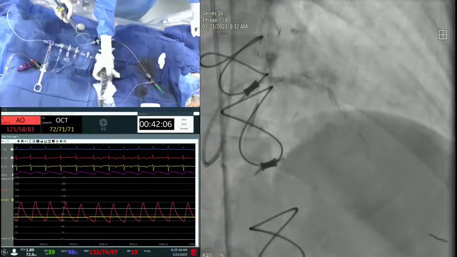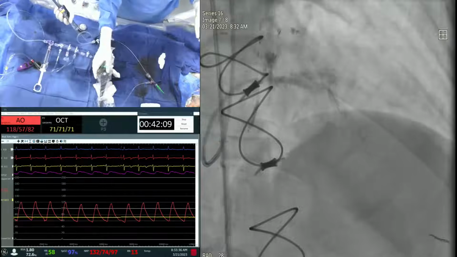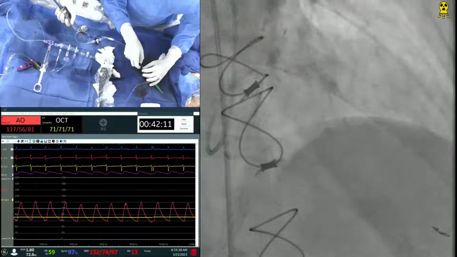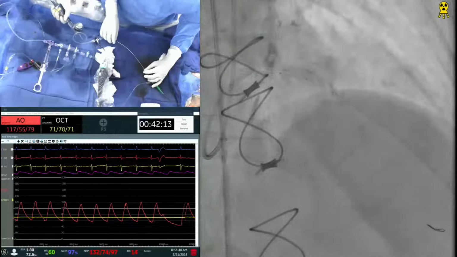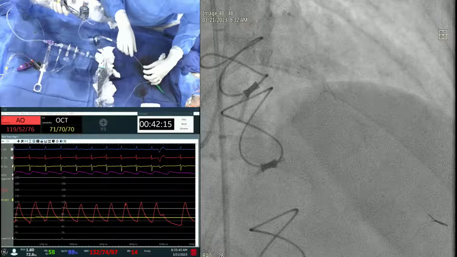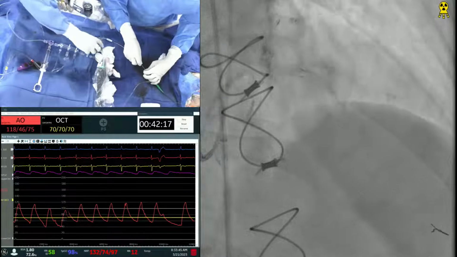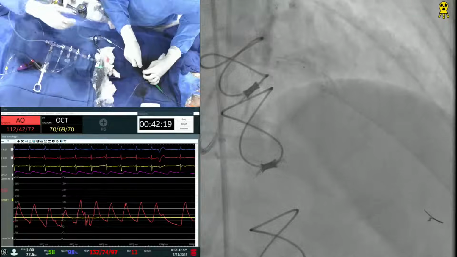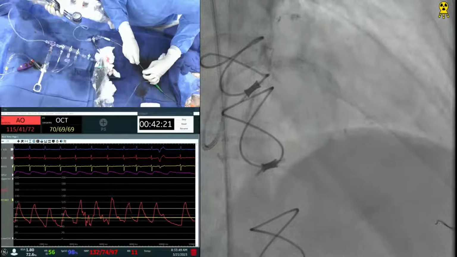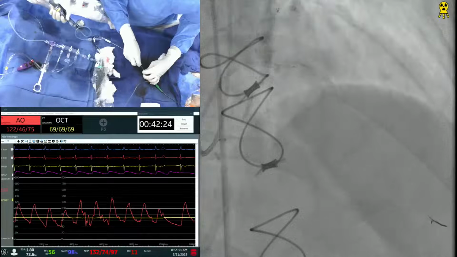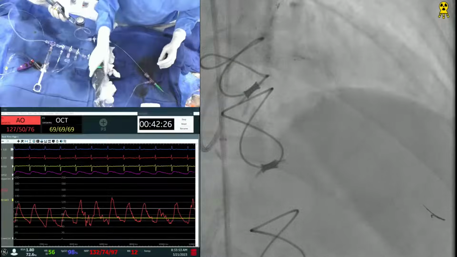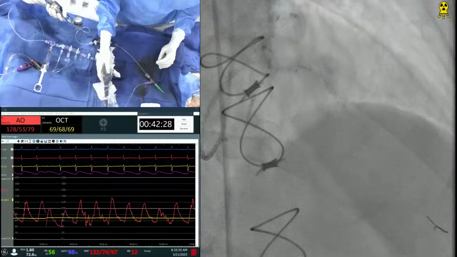Okay, I think that's good. I think it's expanded, right? I'm going to come a little bit further here. Now you go up here. 4.